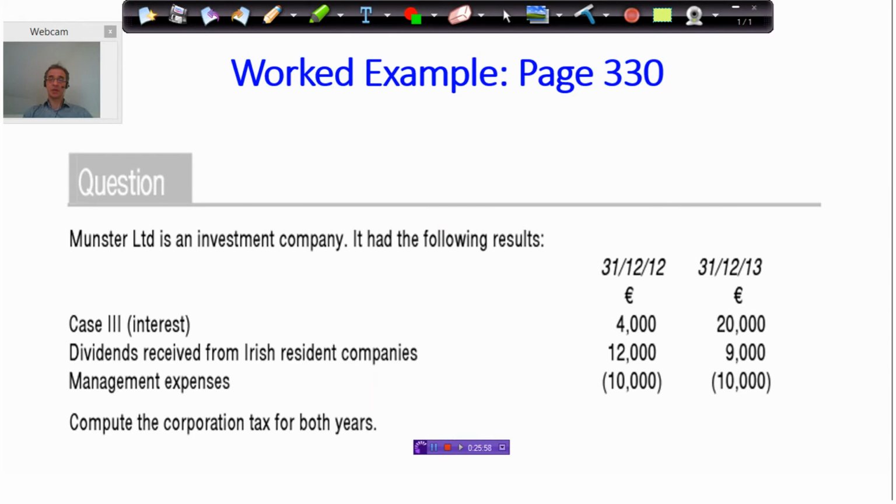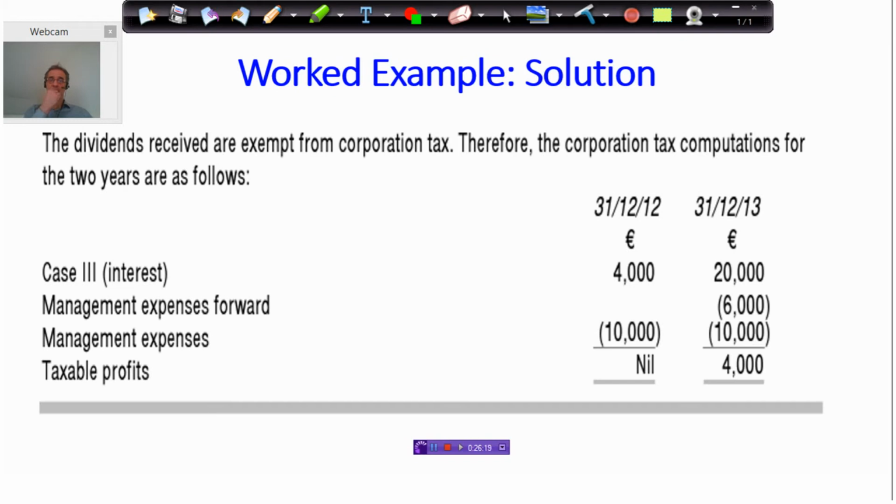So here we have a question called Munster Limited, and you'll see what they have is several types of income, some dividends and some case 3 interest, and we're looking to compute the tax payable figure for each of the years. So what do we do? Well, the first thing to bear in mind is that the dividends are from Irish resident companies, so they're exempt.